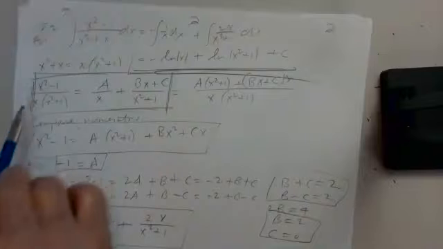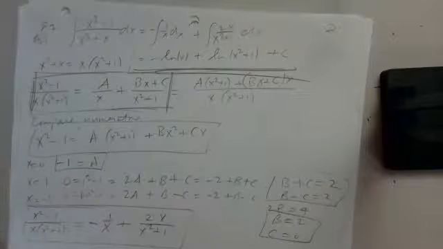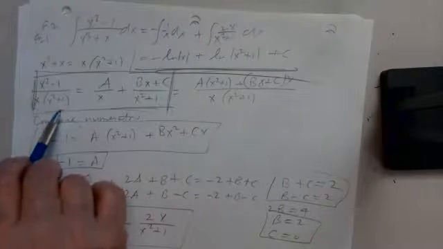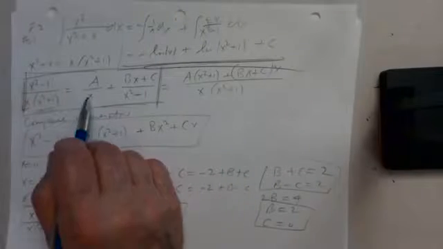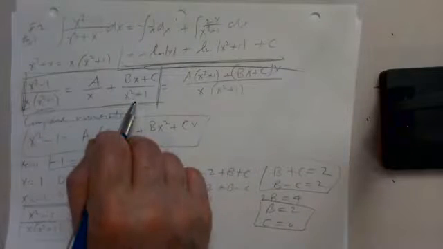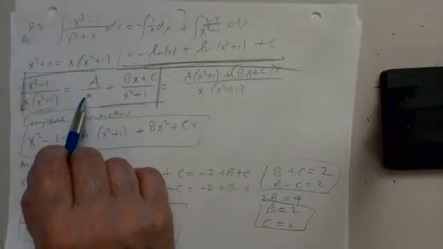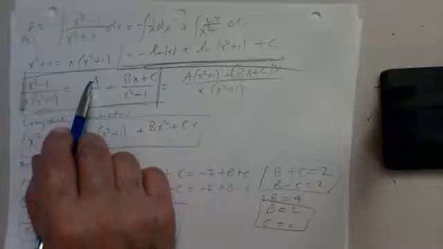So x cubed plus x is x times (x squared plus 1), if you factor out the x. And x is linear. This is quadratic, but it doesn't factor. So we're going to get one partial fraction for each of these terms. One partial fraction with x in the denominator, one partial fraction with x squared plus 1 in the denominator. When you have a linear function in the denominator, the numerator is a constant.